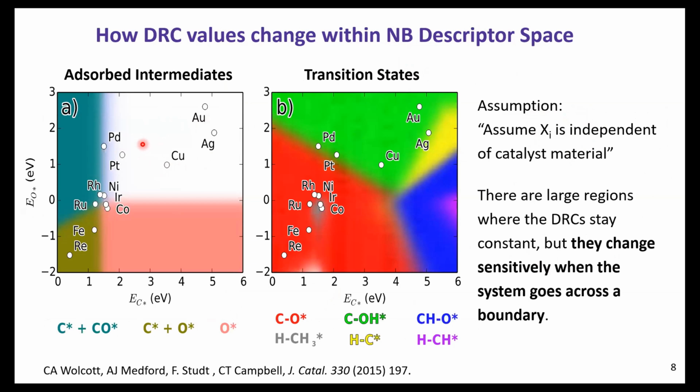But if you move the system from one side across the boundary to the other side, the DRCs can change rapidly, and this assumption does not hold. Like from rhodium to ruthenium, the DRC of carbon can change a lot. If you include the carbon into the estimation, it can cause more error than just using the two simple, most rate controlling species.